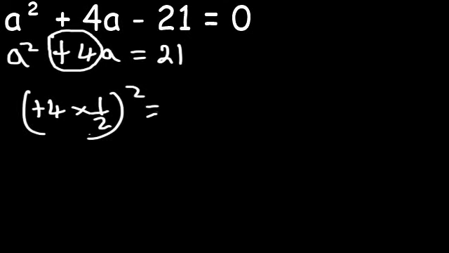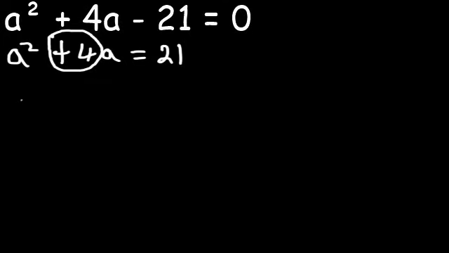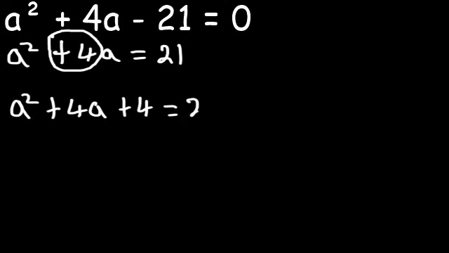And note down what you have. 4 times half is actually 2, and 2 squared is indeed equal to 4. So therefore, I am meant to add 4 to both sides. So that is exactly what I'm going to do now. Okay. So therefore, the expression turns out to be a squared plus 4a plus 4 equals 21 plus 4.